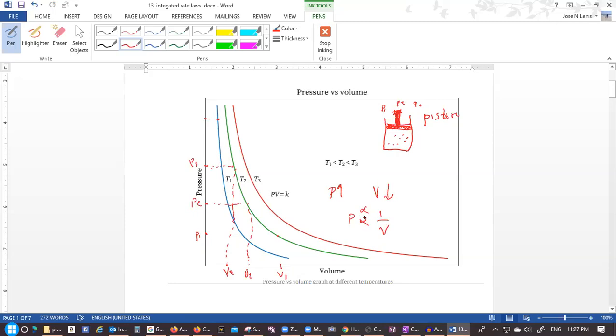In this case, it's showing that it's inversely proportional. That means if this goes up, this goes down, or vice versa. If this goes up, this will go down. So I like to use this example to demonstrate that graphs can tell a lot of information about the system.